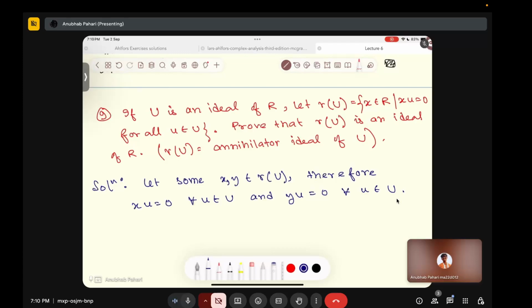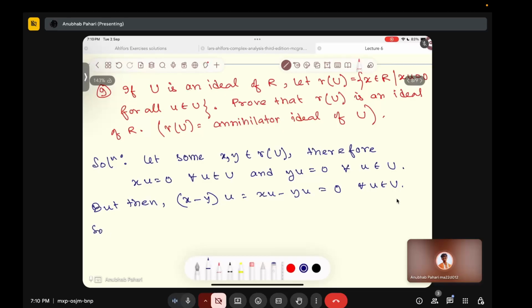Okay, so yu for every u belongs to U, but then x minus y of u would be xu minus yu equals 0 for every u belongs to U. So you have that x minus y belongs to R of u.